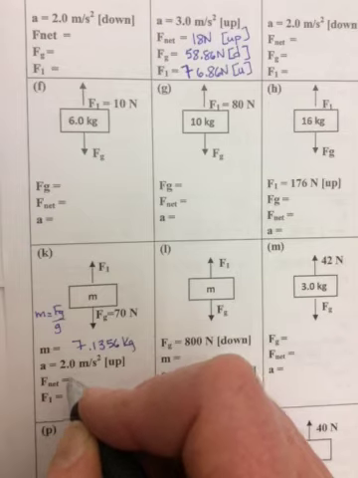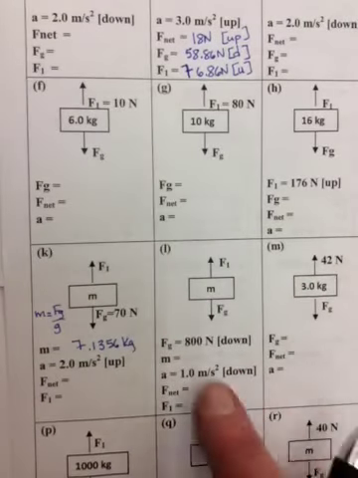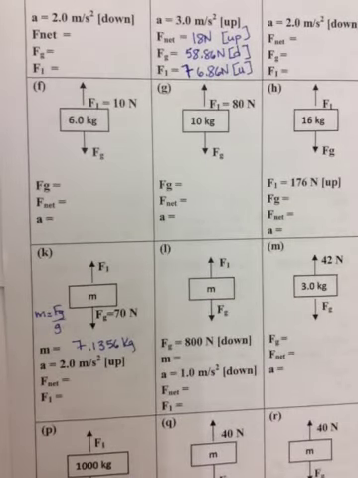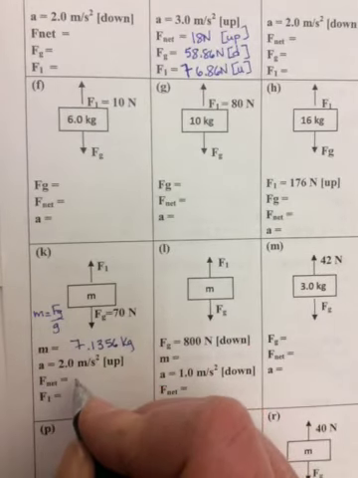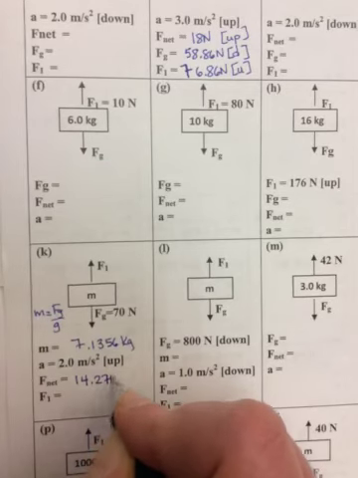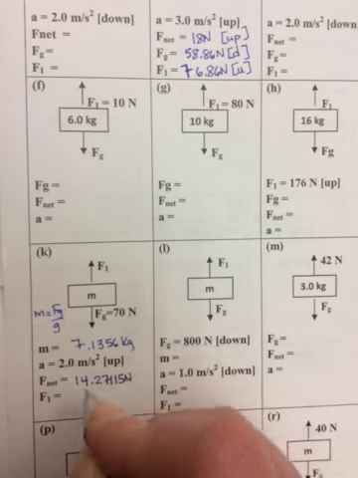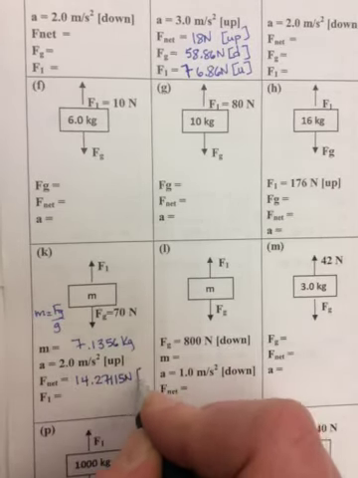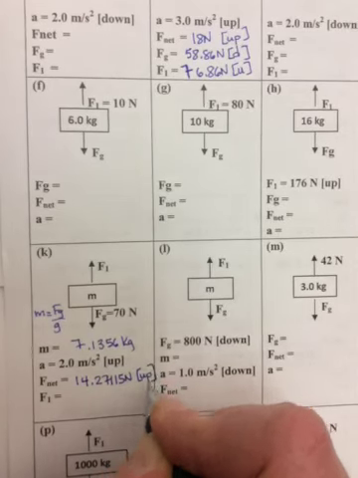Once you have your m, and you have a, you can find your Fnet. So multiply 7 point whatever by 2, 14.27115 newtons. Fnet and A are always in the same direction, so it'll be up.